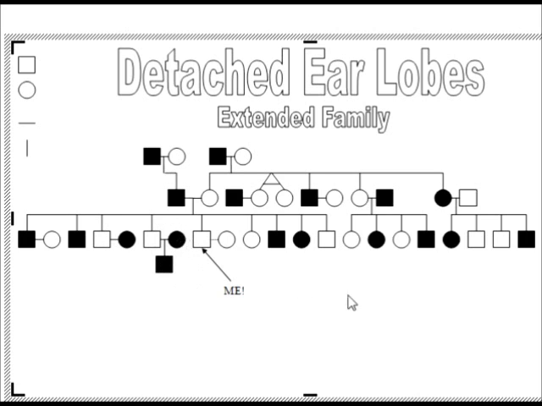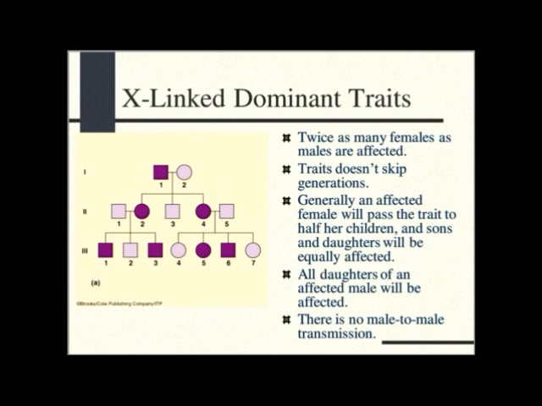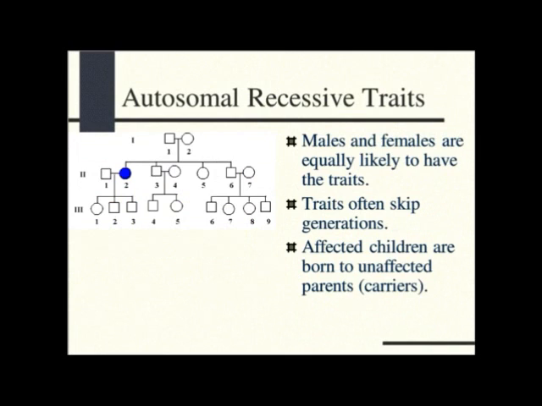So now that we've filled out the pedigree chart as best as we can, I went and talked to my family and got as much information in as many generations as I could. Now we can use that information in the pedigree chart to see which kind of trait detached earlobes are, and we can use that to guess how that might be passed on in future generations.